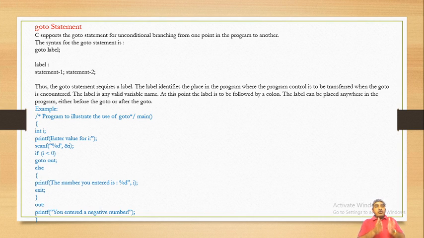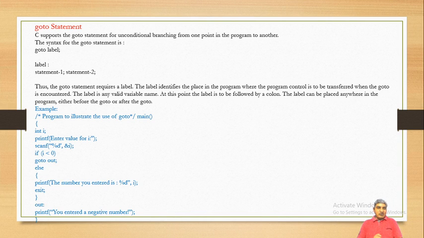When we use goto label, the execution of the program goes to the location where this label name, or valid variable name, is used. This label can be anywhere in a program, either before the goto or after the goto.